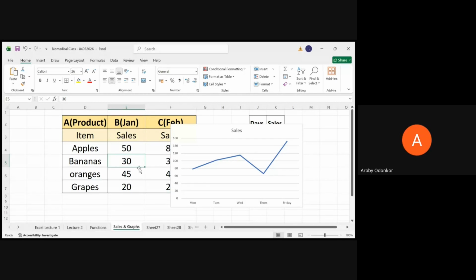Okay. So now, how do we calculate? All right, now I can see what is happening on the screen.